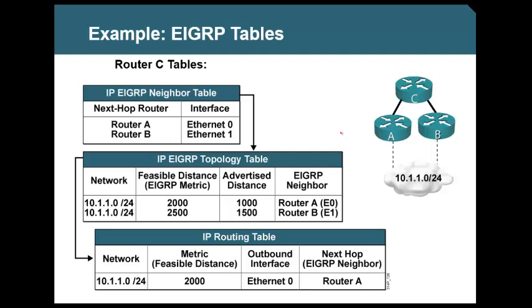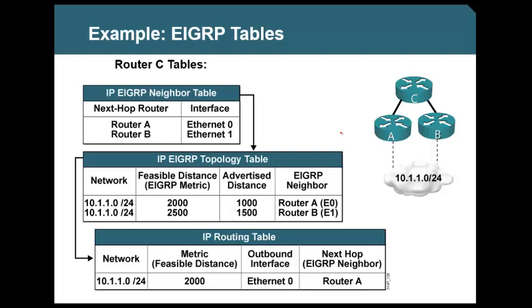But if I don't have a backup path, when the primary path goes down, C will start querying all the routers except A. It will start querying all other neighbors for destination 10.1.1.1, which is lost, and wait for the response. If anyone responds, then it will use that route.